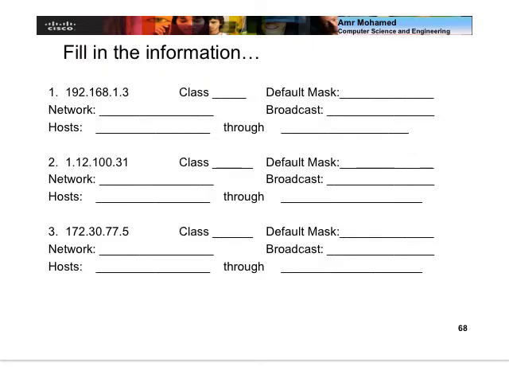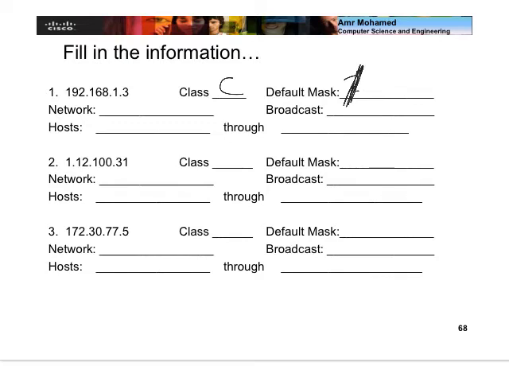So in brief, in this particular example, what is the class of this address? Starting from 192 is C, so this is class C, which means that the default mask is 255.255.255.0.